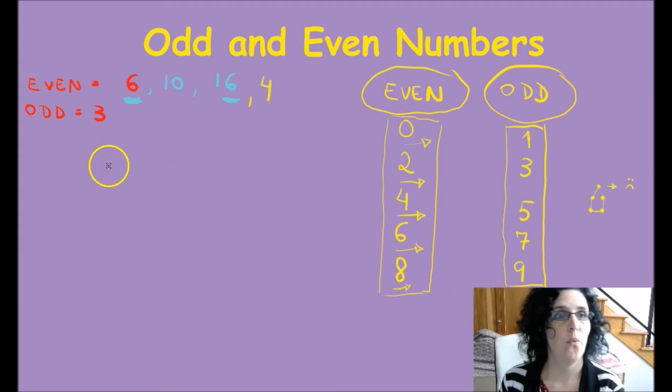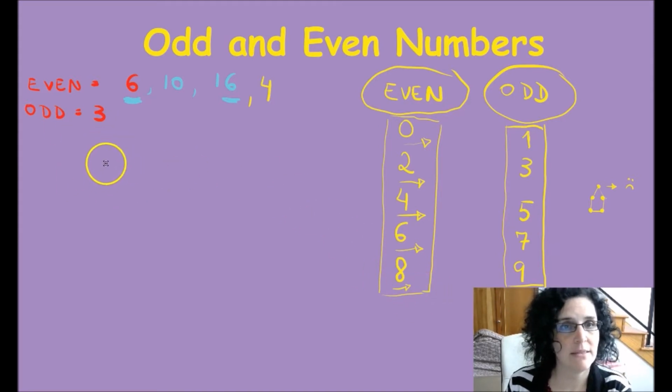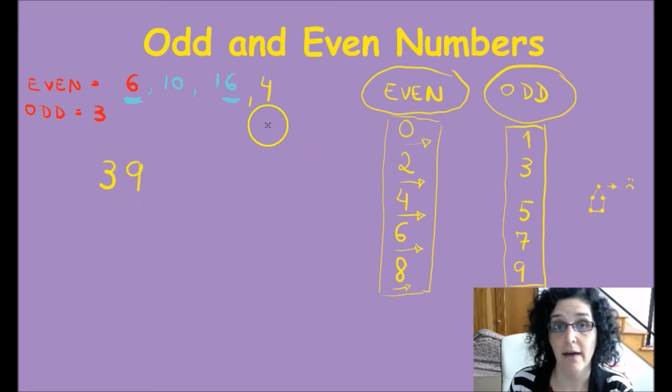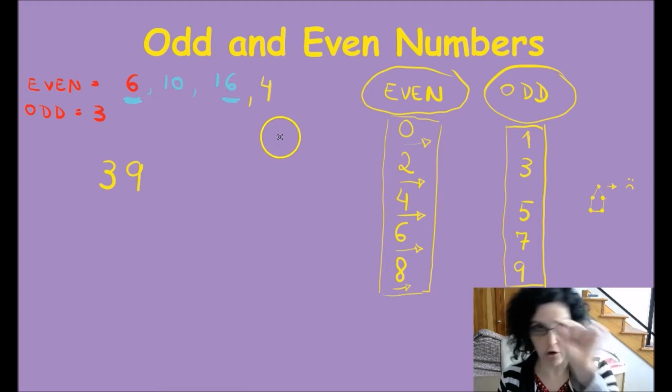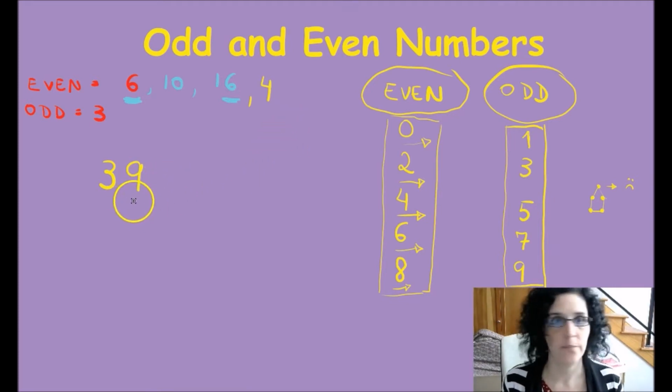So what if I write down, let's say, 39? Do you have to count and draw and figure it out? No. What you're going to do is look at what is on my ones house, my units house.